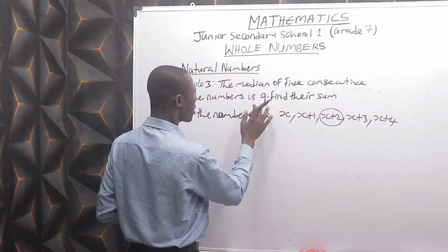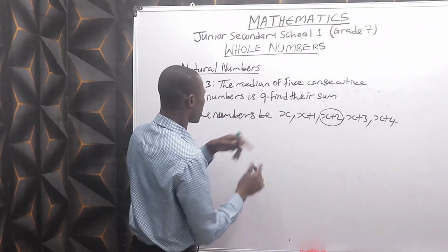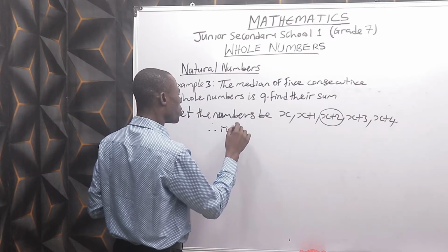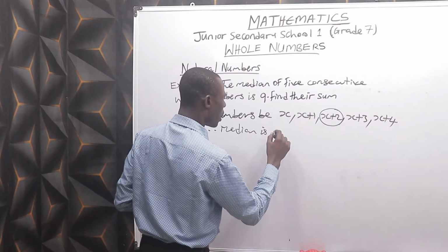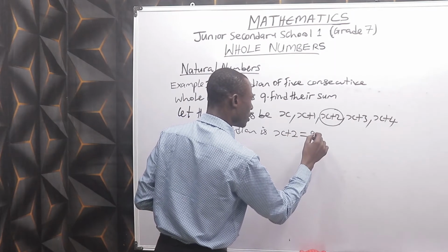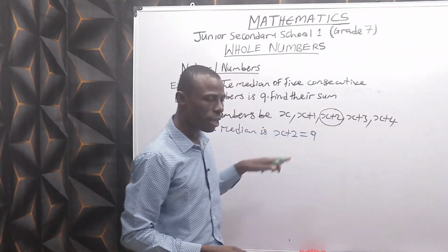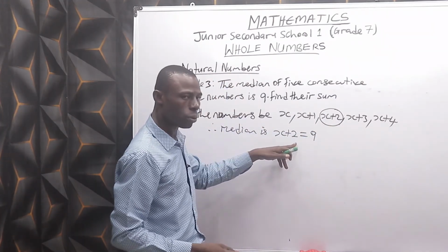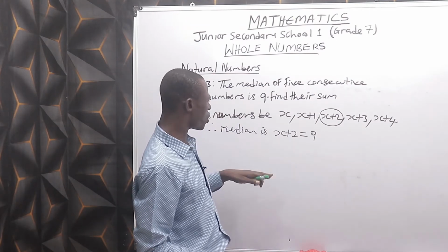And the question says, the median of 5 consecutive whole numbers is 9. So, therefore, median is x plus 2, which is equal to 9. Median by the algebraic representation here is x plus 2. Median by the facts given to us in the question is 9.